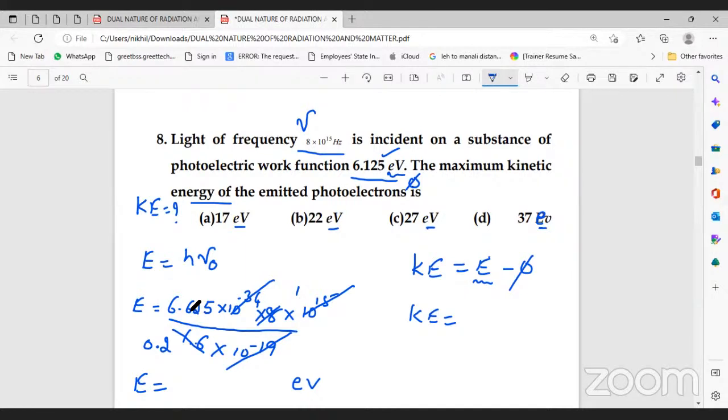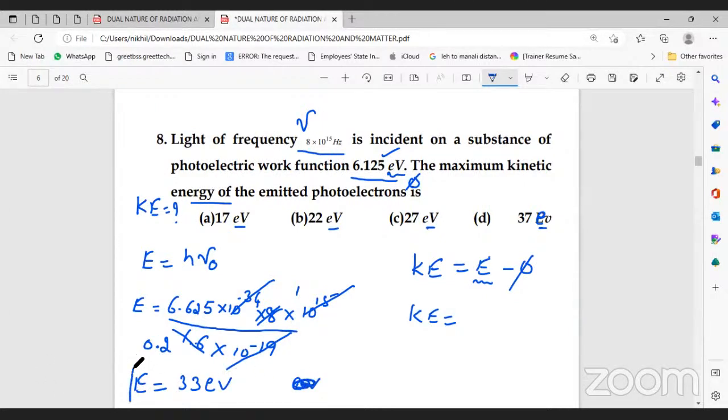So 6.6 here, you have to multiply by 5. 6.6 into 5 is approximately 33, because it is more than 30, less than 35. So it is 33 electron volt.